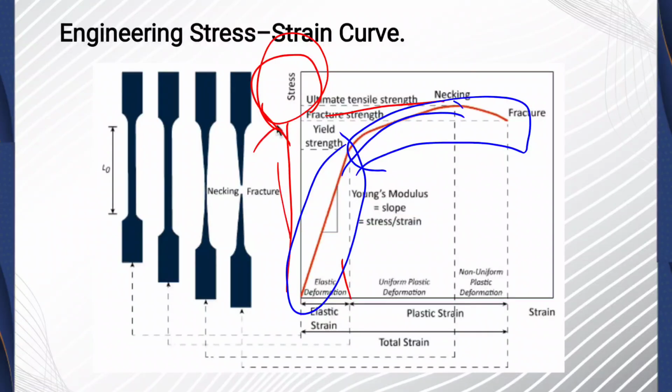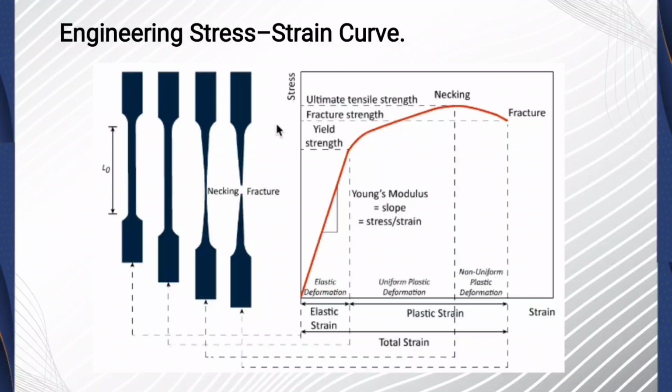During necking, the middle portion becomes thin. Finally, fracture occurs. The entire curve helps us understand the elastic behavior, plastic behavior, and the maximum strength and failure point of the material.